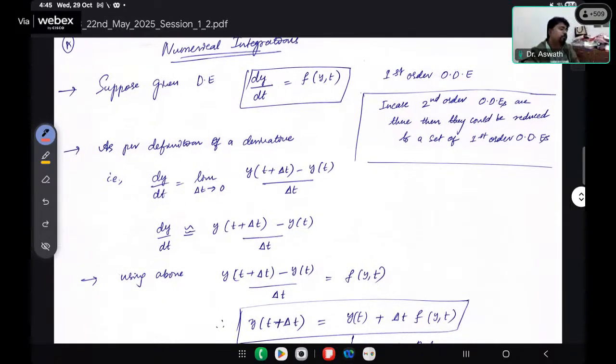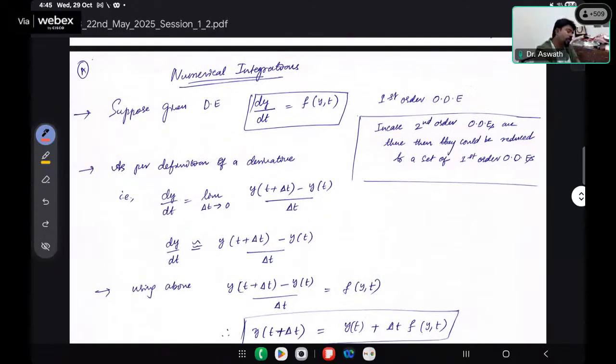By the way, all our differential equations, whatever we have seen, are represented as a derivative equal to some functional. The functional form f is called the derivative function, or sometimes a force function. Numerical integration is a technique done by an iterative method.